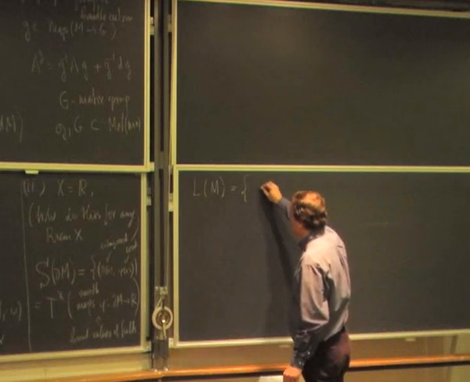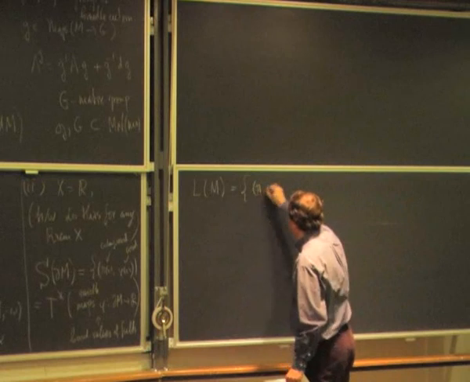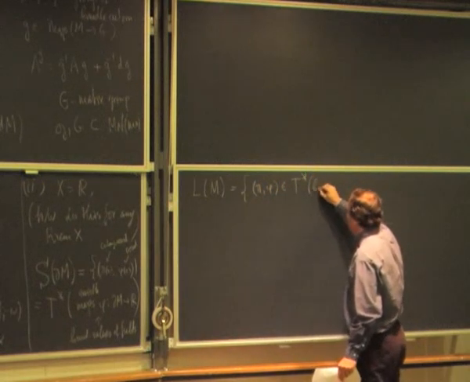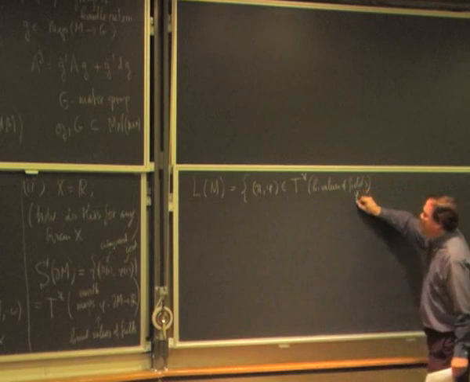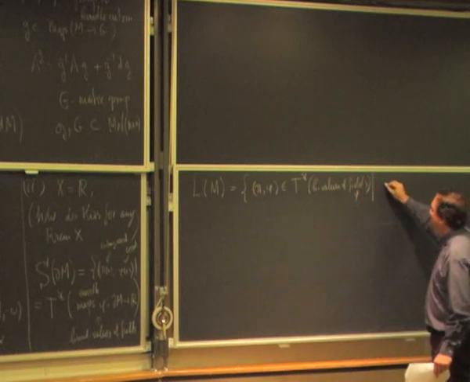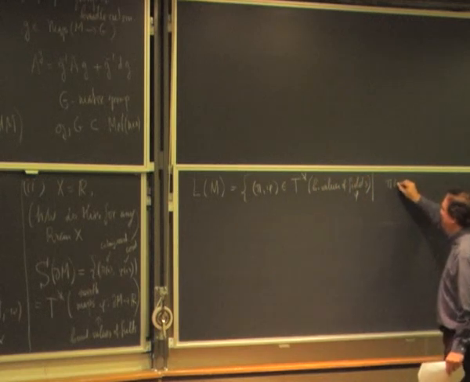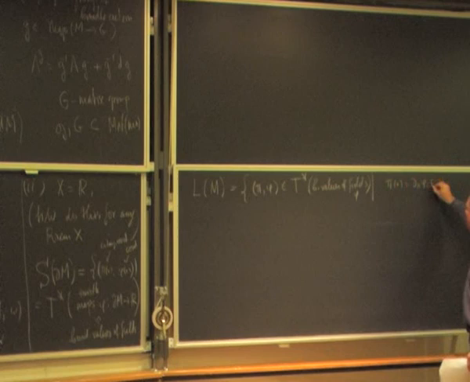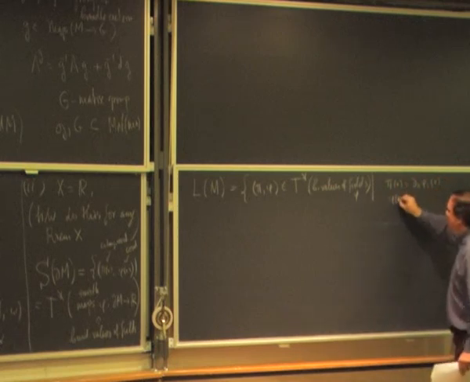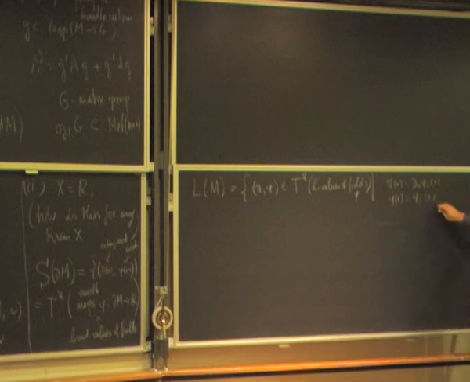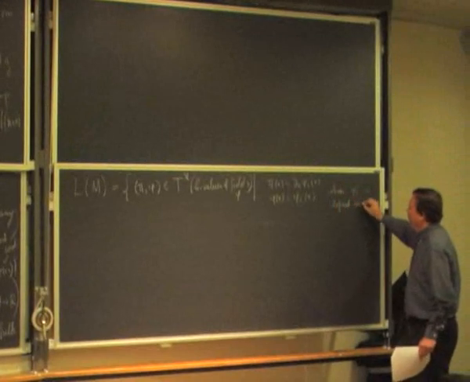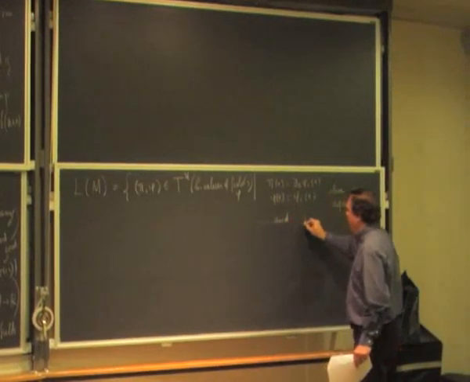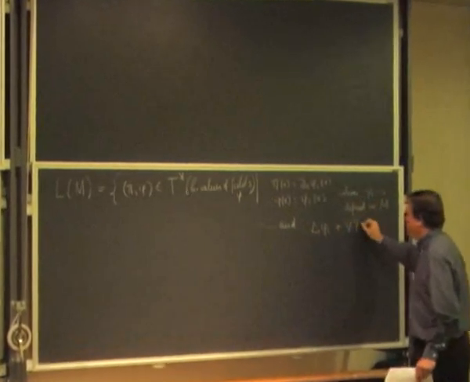So Lm is the space of boundary values of fields such that p is equal to the normal derivative of a classical solution, and phi is equal to the classical solution, where phi c is defined on M, and it is a classical solution.